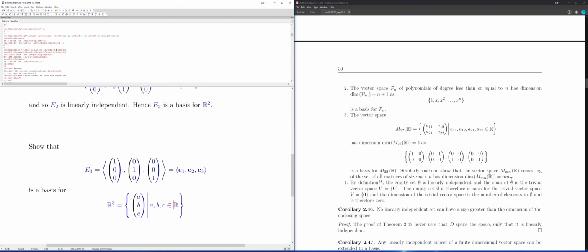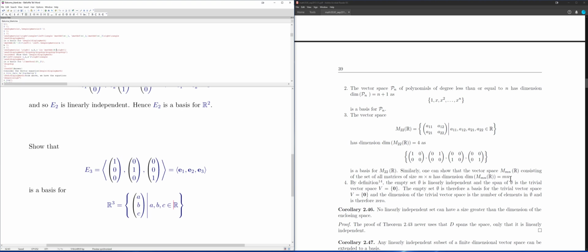And that tells you that your basis for m by n is going to have m times n vectors in it. So the dimension of the vector space of matrices of size m by n is m times n.